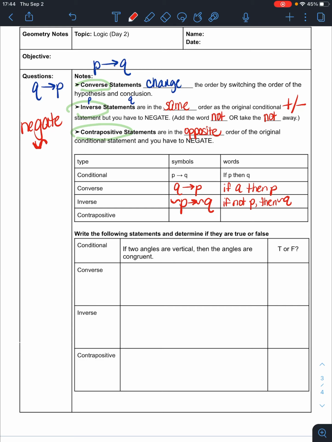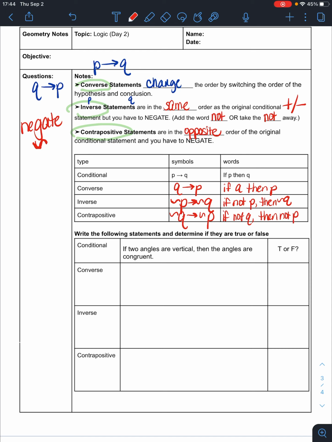Then the converse switches them. The inverse keeps them in the same order, but it negates them. And then the contrapositive does both. It switches them and negates them. So it would be if not Q, then not P. That's how you would read that.